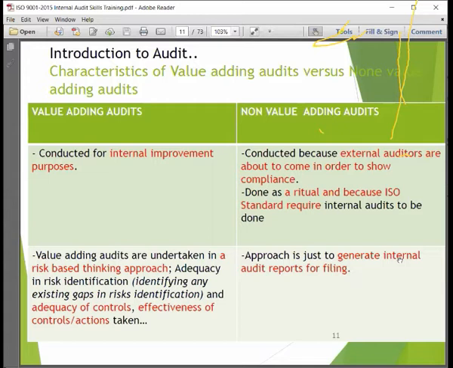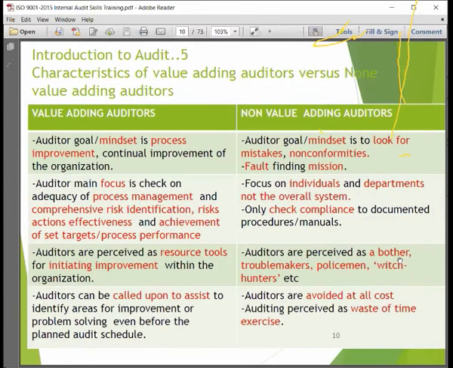So it's better we do audits for internal improvement, not just as a ritual, not just to comply. We need to go ahead of that. And that is a challenge to all of us. So that is all to do with session 1.